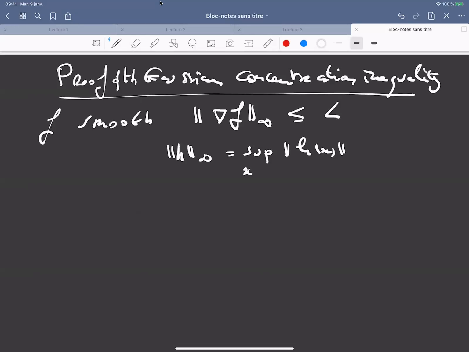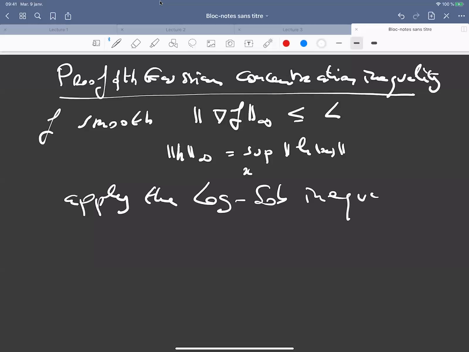So if you have that, then we apply the log-Sobolev inequality to the function J equals exponential of lambda F over 2, exactly as in the discrete case.